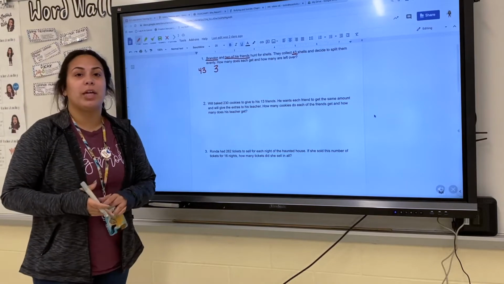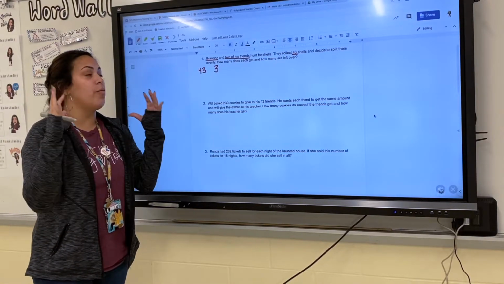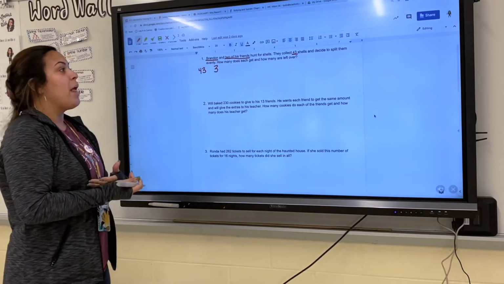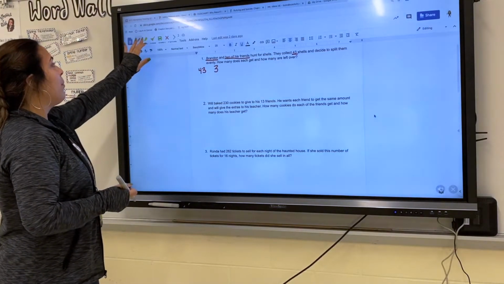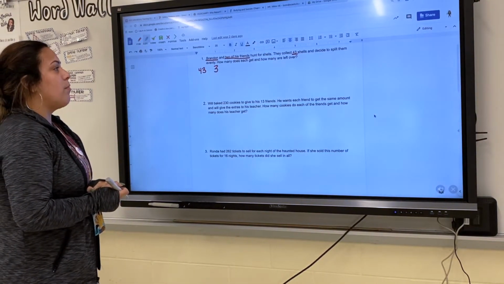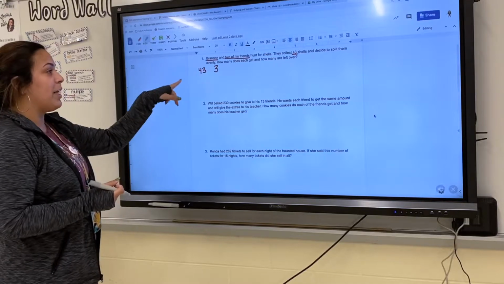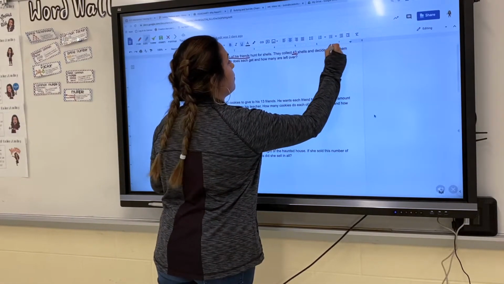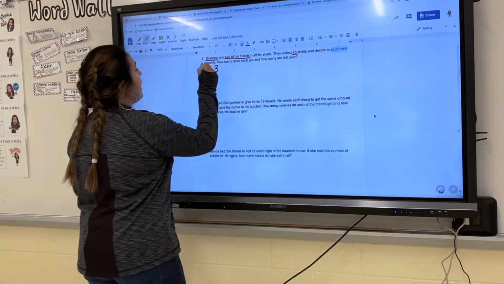Now, I want to look for keywords that let me know what type of math I am doing. Am I multiplying or am I dividing? So if I go back in the word problem, it says they collect 43 shells and decide to split them evenly.